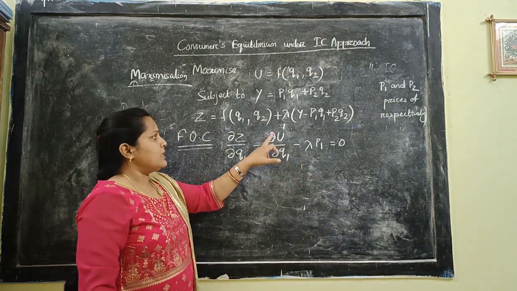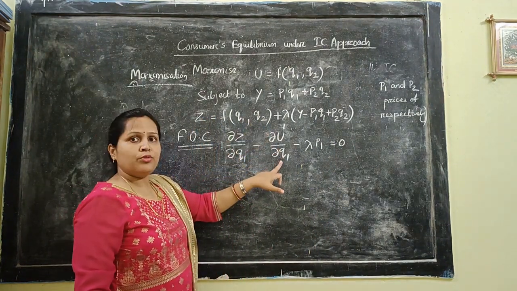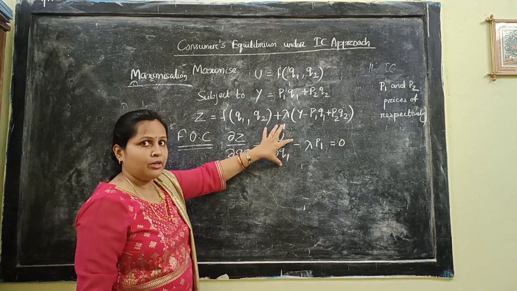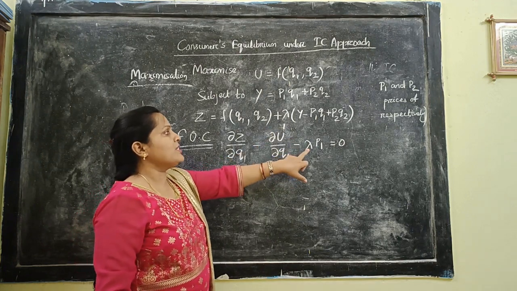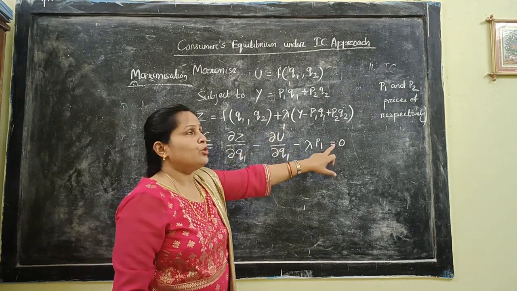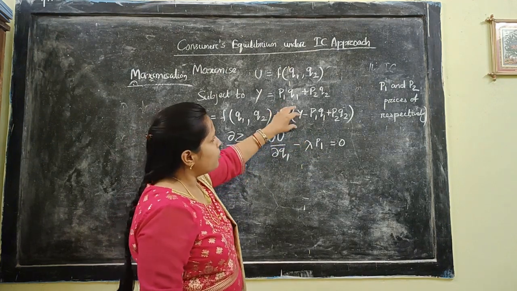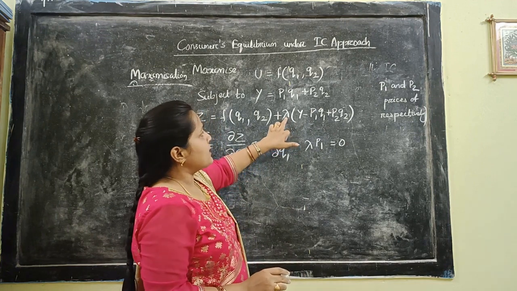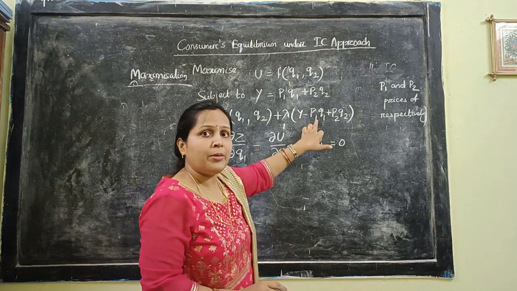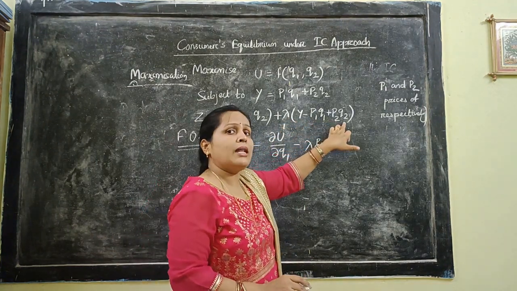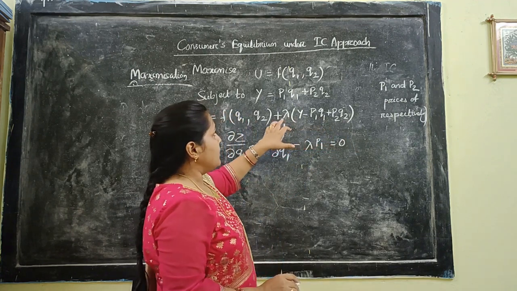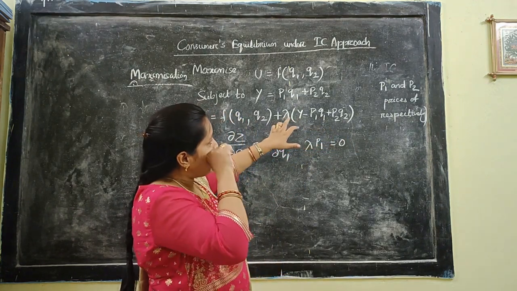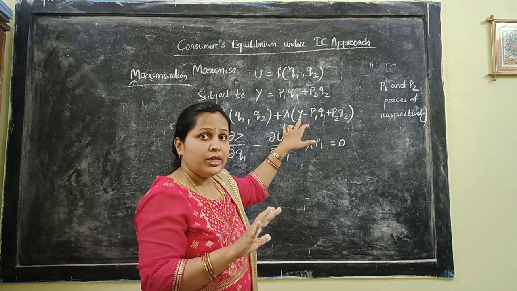Okay. So this is del U to del Q1, that is otherwise your F1, minus lambda P1 is equal to 0. Lambda, if we open this bracket, there will be three terms, right? One is lambda Y, the other one is lambda P1 Q1, and the third one is lambda P2 Q2. The first one is lambda Y, where there is no Q1 term.